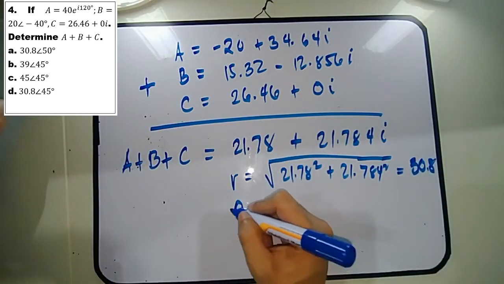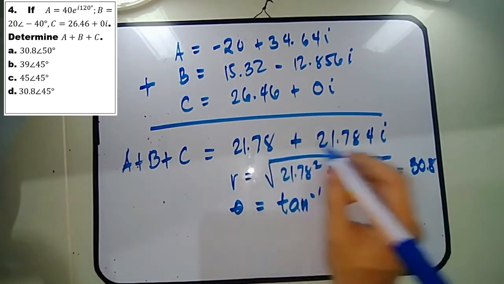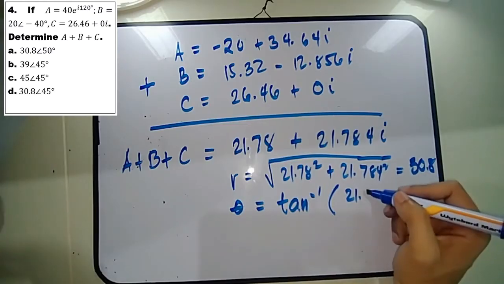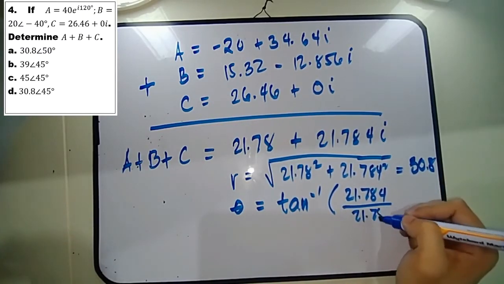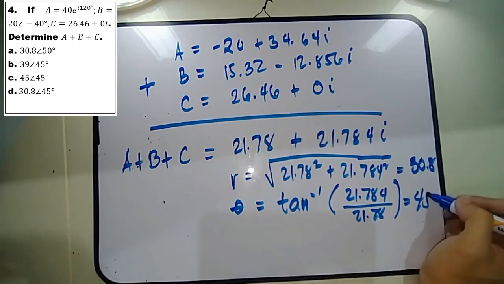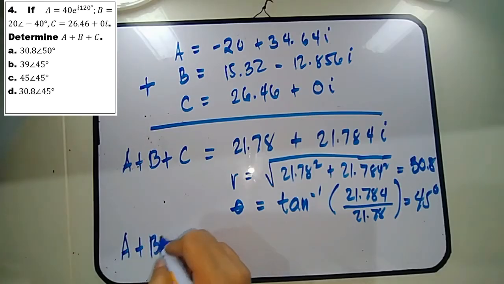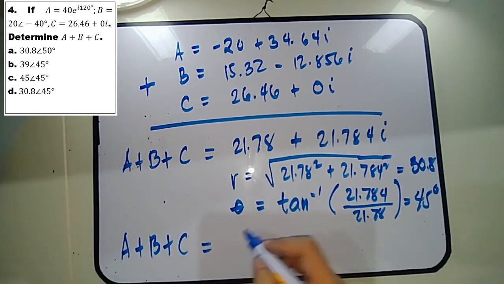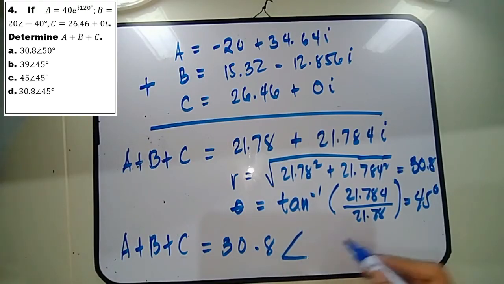Now, angle theta is arctan of B over A, basically arctan 1, this is 45 degrees. So therefore, A plus B plus C is just equal to R, 30.8, angle 45 degrees.